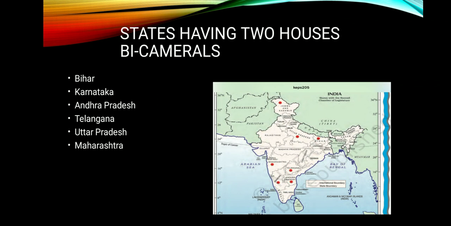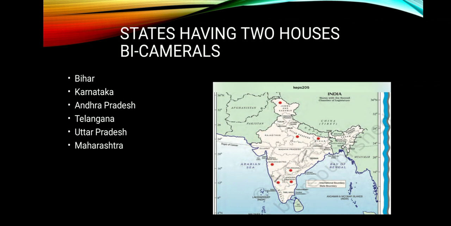Though you see in the map, Jammu Kashmir also had two houses, in the current scenario Jammu Kashmir has been divided into three parts. That's why there is no provision of two houses in Jammu Kashmir, and it has not been mentioned in this slide.